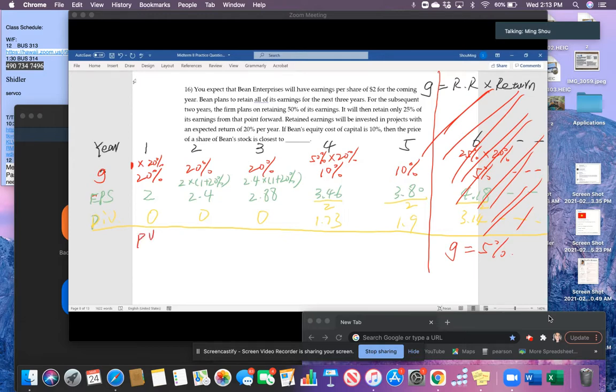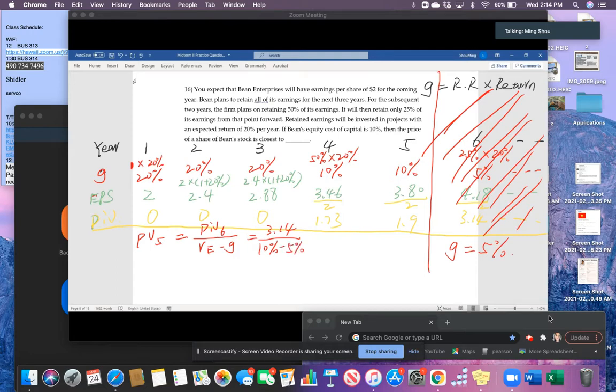Then we can calculate PV5, the value in year 5. It's simply equal to the first dividend, actually the dividend in year 6, divided by the difference between the discount rate and the growth rate. So the dividend in year 6 would equal 3.14, the discount rate equals 10%, and the growth rate equals 5%.